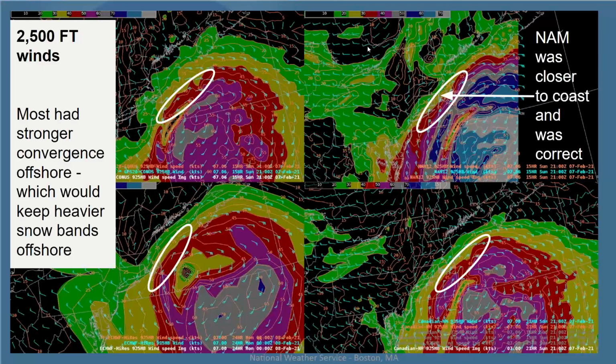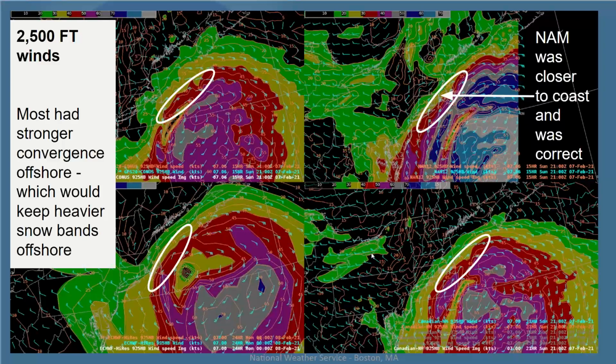So looking a little off the surface here, we're at about 2,500 feet, and basically we have a 4-panel here, and this is displaying different models. One is the GFS, one is the NAM, and then on the lower panels, you'll see the European model and the Canadian model.